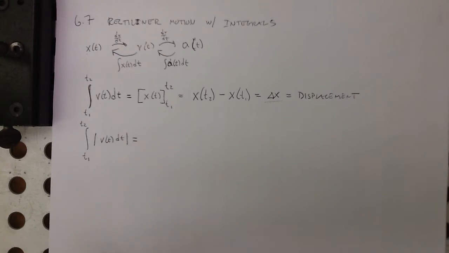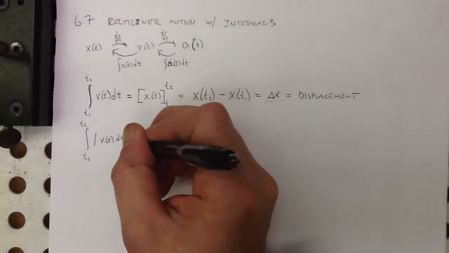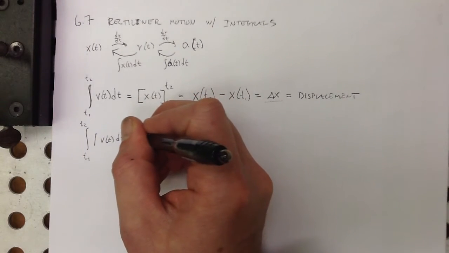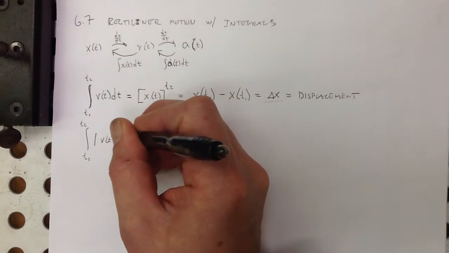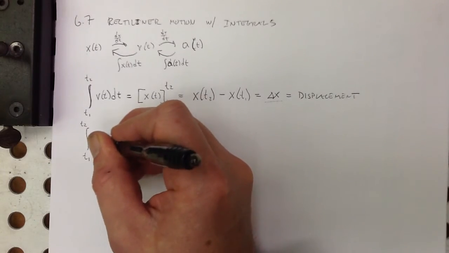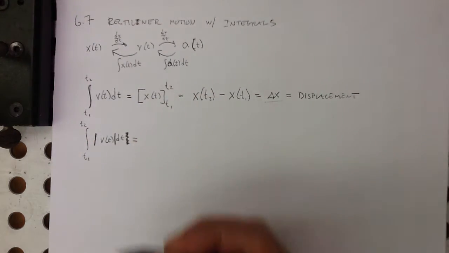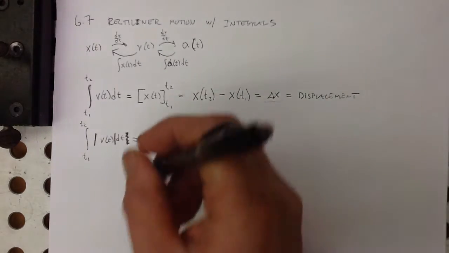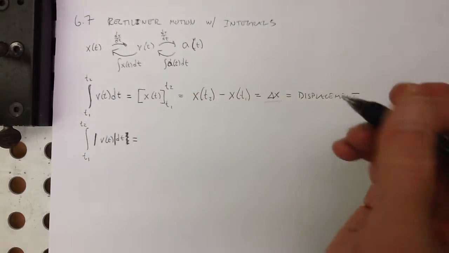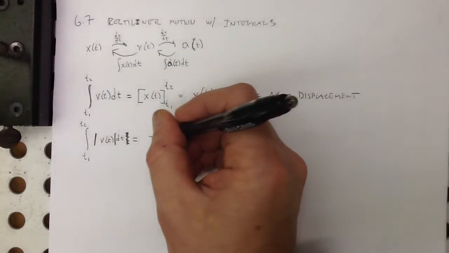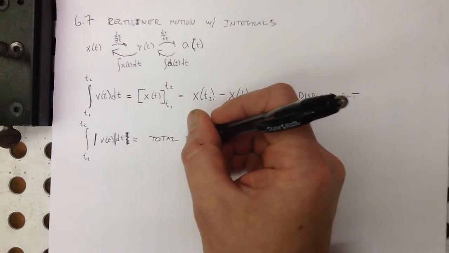In other words, we want to just take the absolute value of this and make all those values positive. And you know what? I should not have put that. My absolute value signs included too much stuff there. There we go. That's better. We can take the integral of the absolute value of velocity, and that will give us, instead of displacement, the total distance traveled.